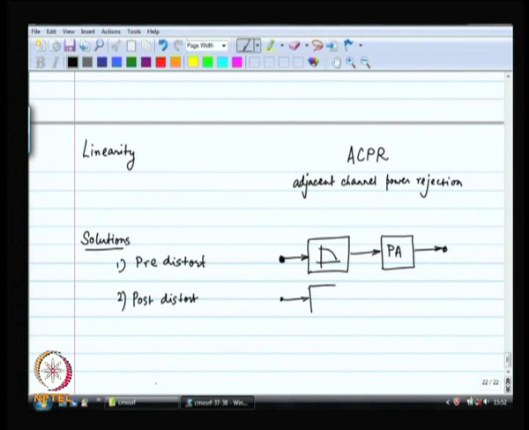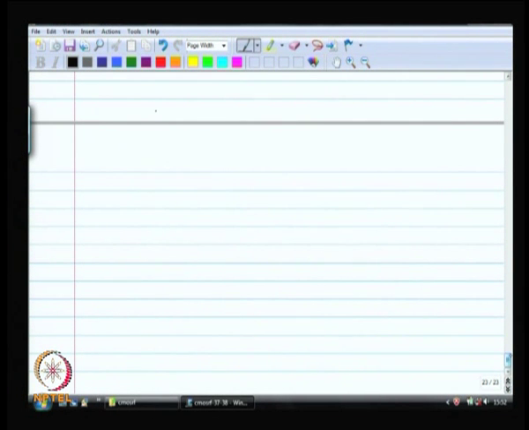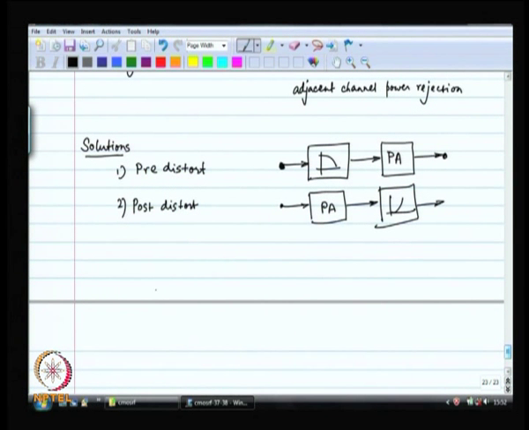Okay, this is also very hard to build, and they might not be feasible in fact, because the characteristics of the power amplifier depend on a lot of different things, on temperature, on the process, etc. And the characteristics of this pre-distortion or post-distortion circuit will also have to change accordingly.